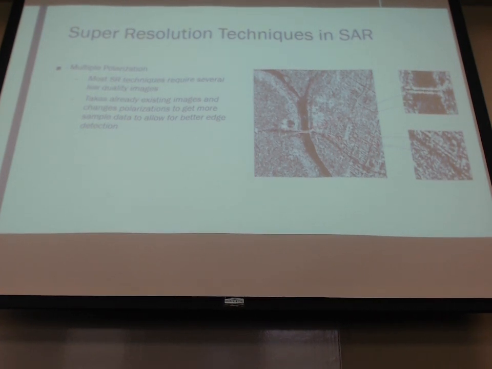In this particular instance, they took the same image, had a few of them, and then polarized it to get different effects. Specifically, they were able to get a lot of edge artifacts out, and then they used super resolution to combine all of those different polarizations of the same image. So you exponentially increase the amount of samples.